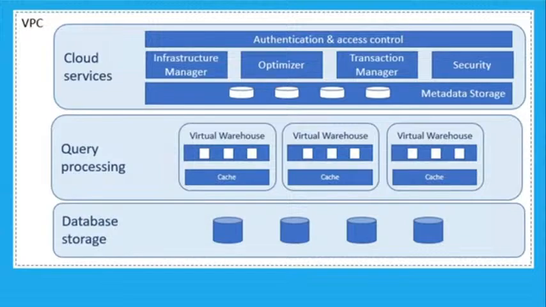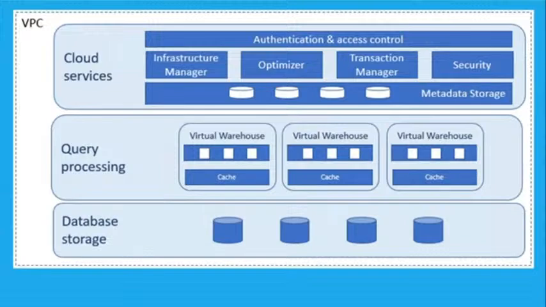In the query processing layer, the virtual warehouse is the hardware component which processes the request. In your traditional database or data warehouse, you have CPUs, memories and everything. Like that, the virtual warehouse is the hardware resource in your Snowflake.